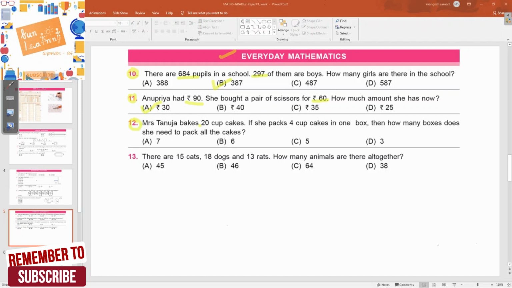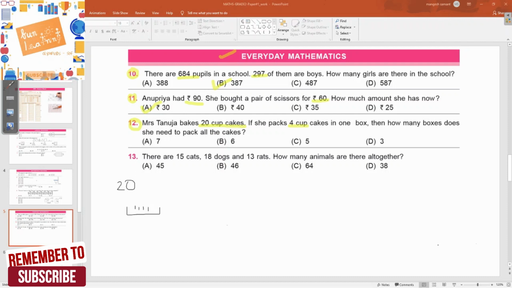Mrs. Tanuja bakes 20 cupcakes. Yummy! If she packs 4 cupcakes in one box, then how many boxes does she need to pack all cupcakes? So she's packing 4. She has 20. Now in one box, she's packing 1, 2, 3, 4.